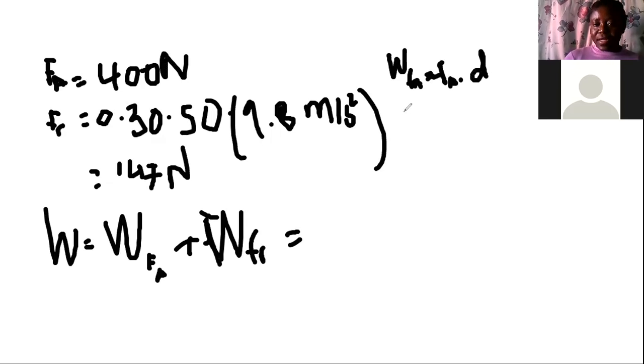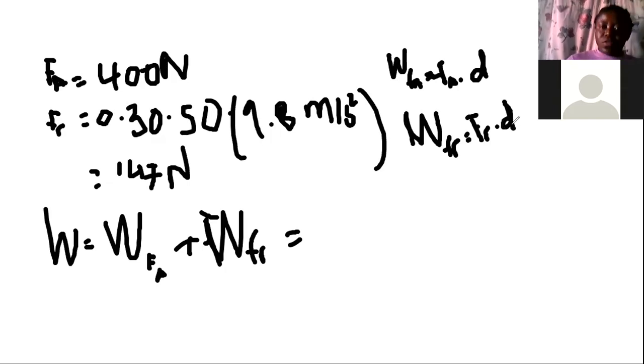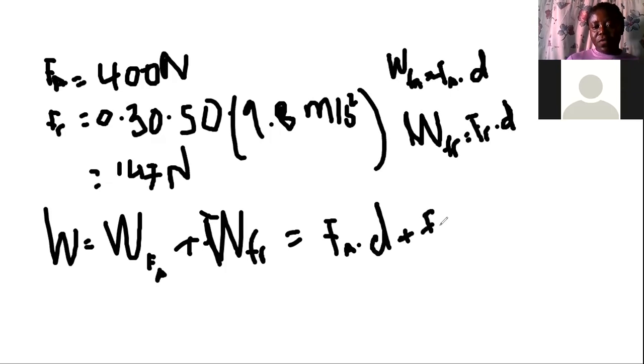And the work done by the frictional force is equals to the frictional force times the displacement. So if we substitute, this is equal to the force applied times the displacement plus the frictional force times the displacement.